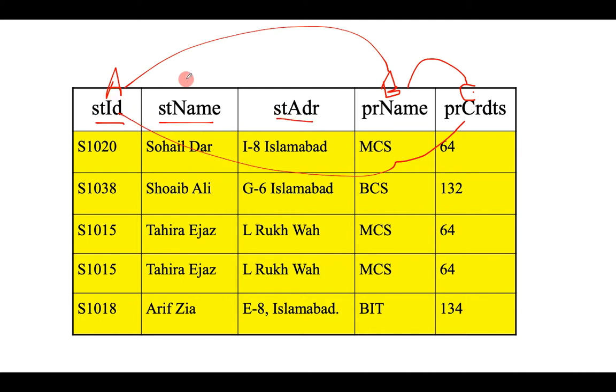This is, let's say, A, this one is B, and this one is, let's say, C. So A determines B and A determines C. So we can get one additional functional dependency, that would be A determines BC. Means student ID determines student name and student address.